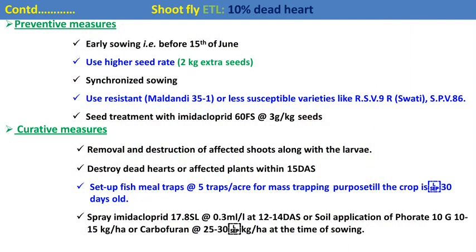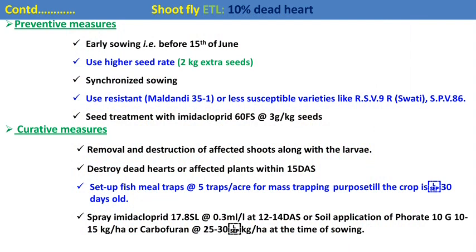In preventive measures, we can follow early sowing, because in late sowing the sorghum shoot fly attack is greater. So we follow early sowing, before 15 June. Then use a high seed rate; generally 2 kg extra seed is recommended over the recommended seed rate.